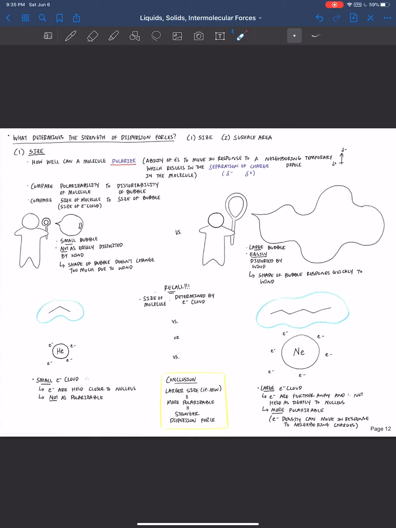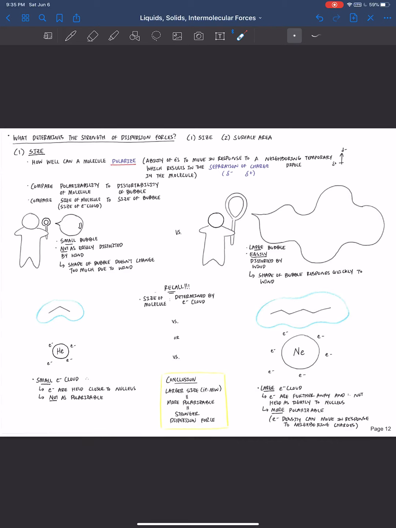A small bubble is not as easily distorted by the wind, and so the shape of the bubble doesn't change much. However, if you had a large bubble and it was getting windy, it can be easily distorted by the wind, and the shape of the bubble responds quickly to the wind, right?